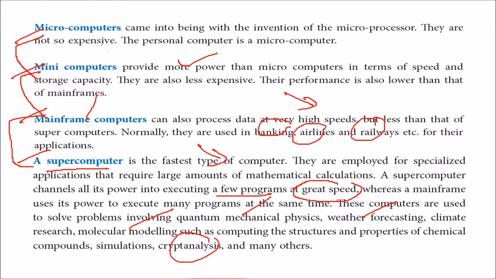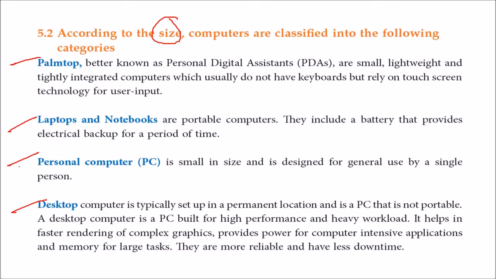The microcomputers came into being when the microprocessors were invented, and they're also not so expensive. The personal computer is a microcomputer. This is your personal computer. Then the desktop is placed on your desk, so it has a permanent location. It is not portable.